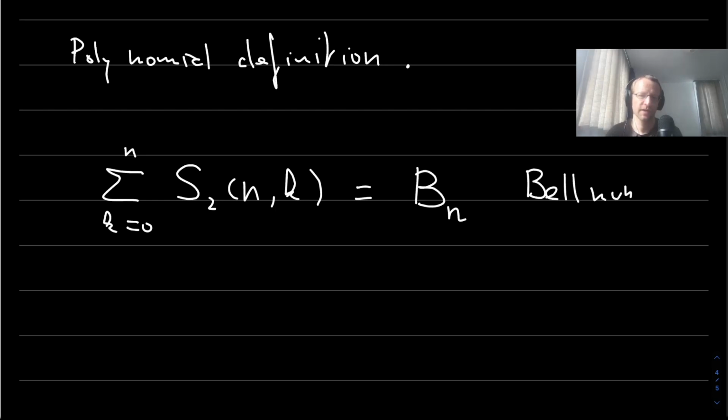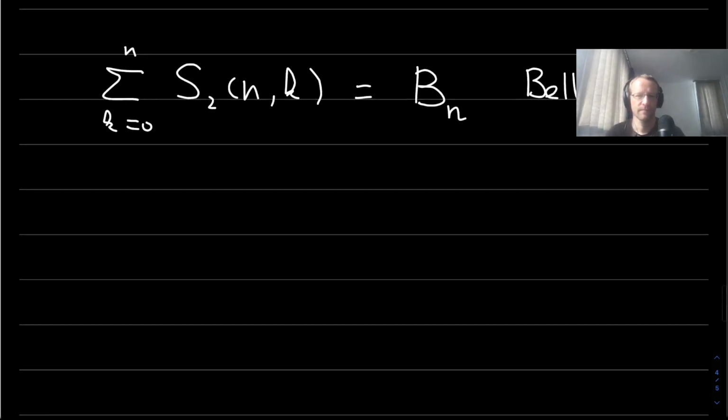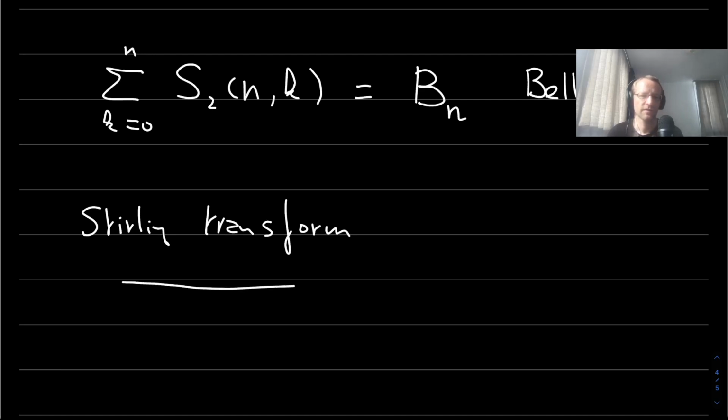So the sum of the second kind Stirling numbers is the Bell number. These Stirling numbers are useful for counting labeled objects with or without repetition, and for forming a Stirling transform on given series of numbers, and they appear often in practical combinatorial problems.